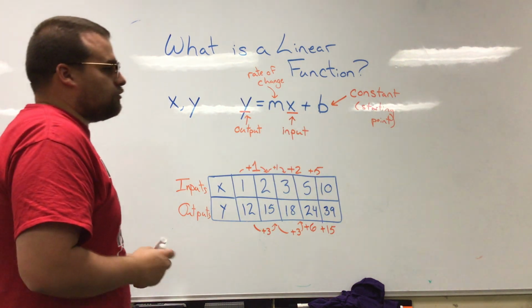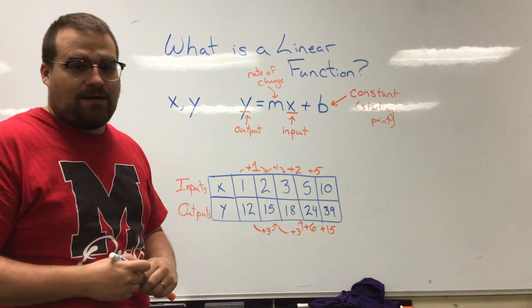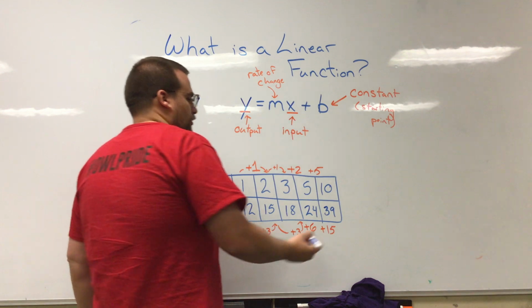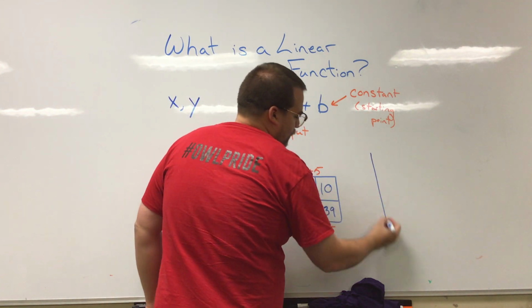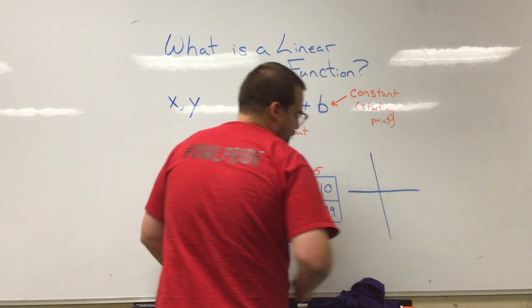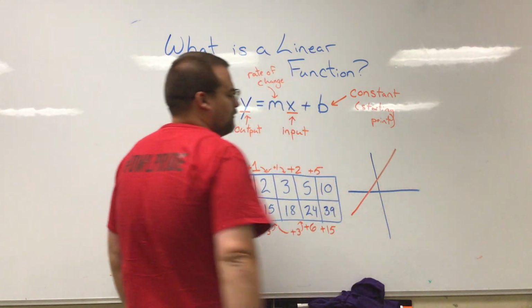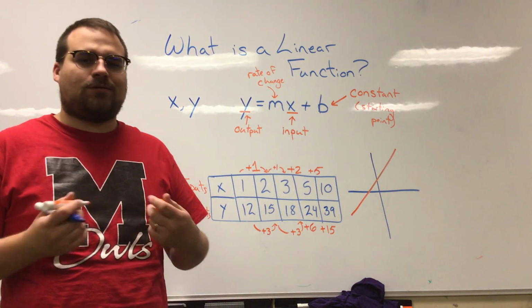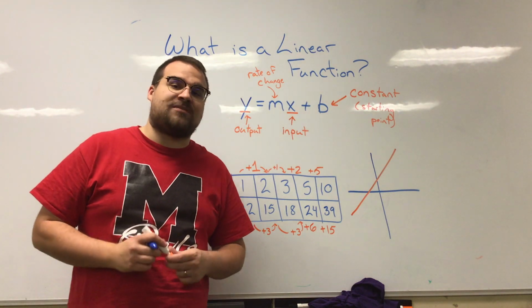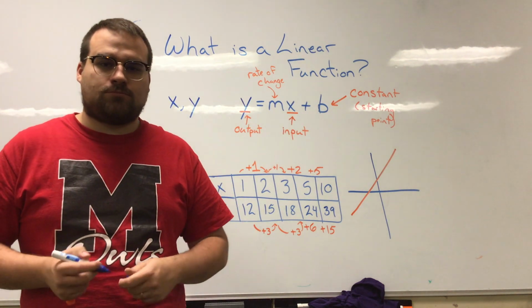Now, I know I mentioned we'd also talk about linear functions as a graph. What does it look like? Well, here's the deal. A linear function as a graph looks just like that: a straight line. That's what linear means, is straight.